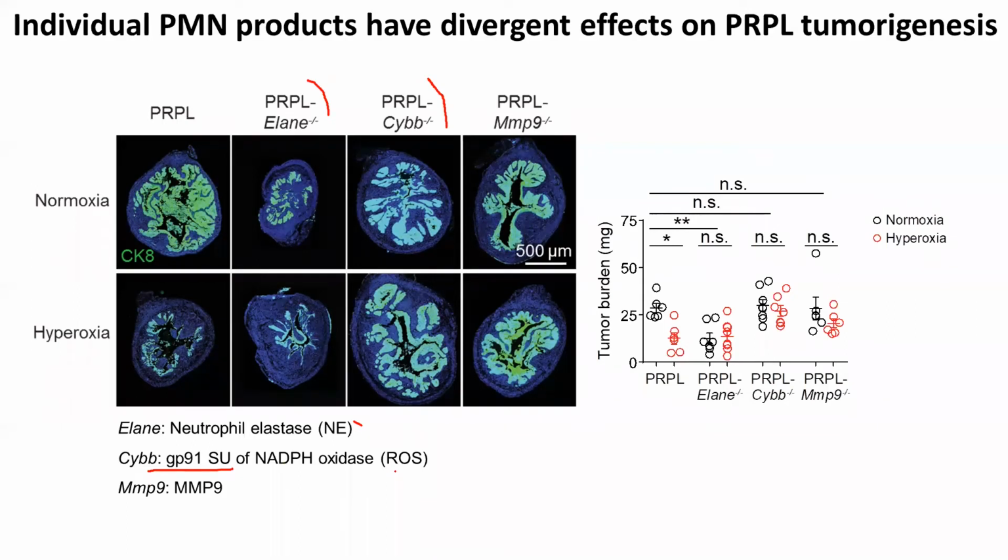In these mice, only the production of oxygen species by the NOX2 complex will be deficient, but not by the mitochondria. And we generated purple MMP9 knockout mice, deficient for MMP9 activity. As you can see in the graph, housing of this mutant in hyperoxia condition didn't change the tumor burden compared to the respective baseline.